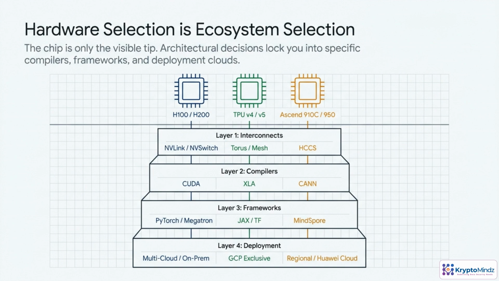When you pick H100, TPU, or Ascend, you're not just choosing a chip. You're buying into an entire stack that runs from hardware all the way up to deployment. At the bottom, interconnects control how well multiple chips talk to each other, which directly affects large model scaling. On top of that sit compilers, which decide what optimizations are even possible.